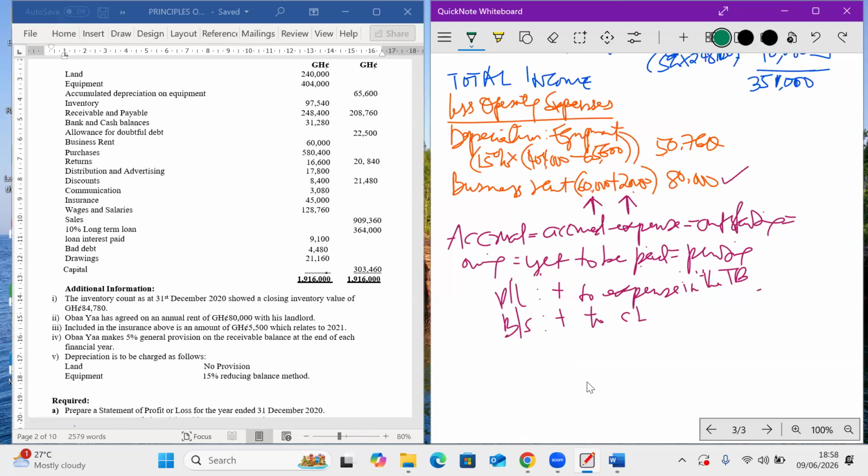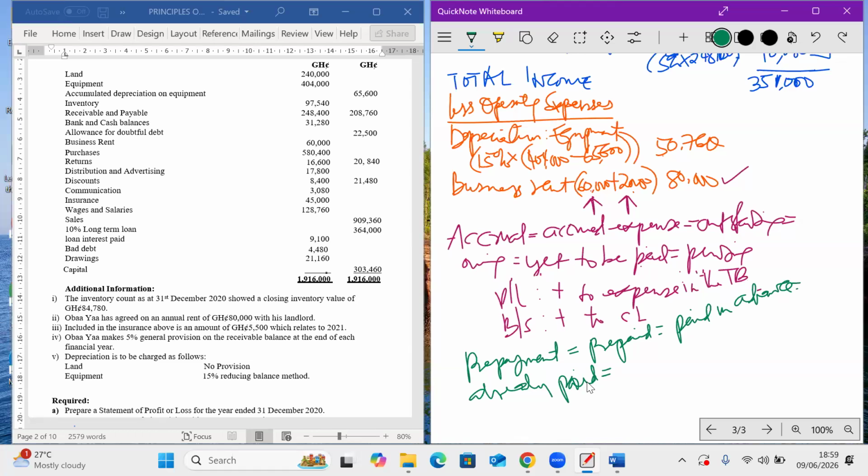Then, when you see words like prepayment, prepaid, paid in advance, already paid, we are going to see them more often. They all mean the same thing. They all mean prepayment.